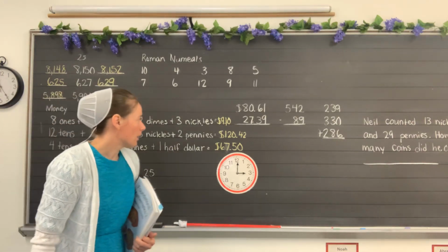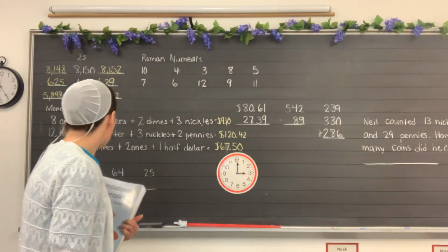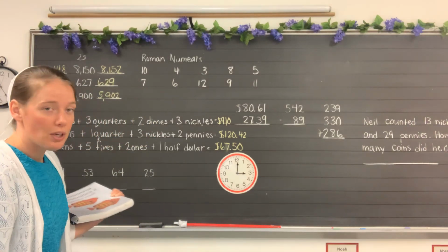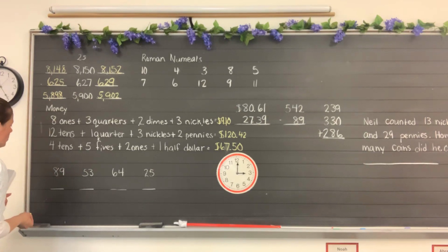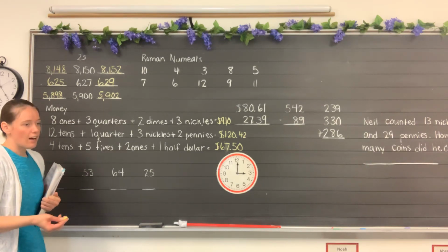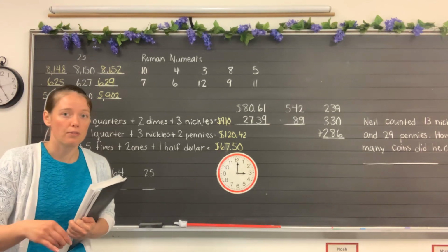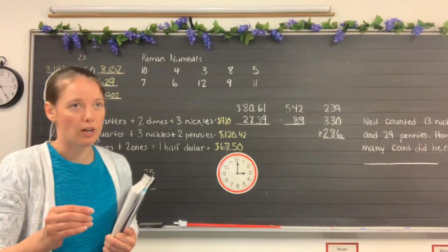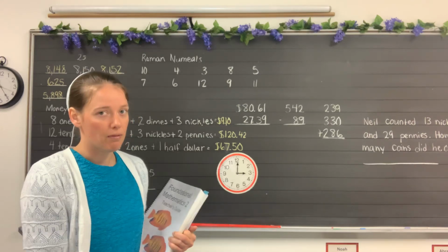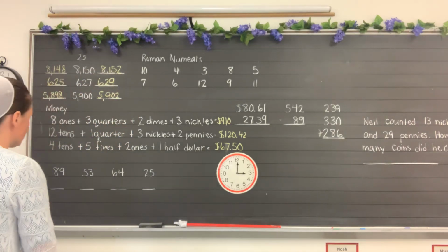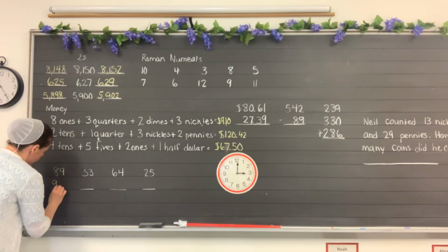Okay, so let's look at these rounding numbers here. We're going to round these numbers to the nearest 10. So 89 is past 85, so we're trying to decide between 80 or 90. Well, 89 is past 85, so we'll need to round it up to 90.